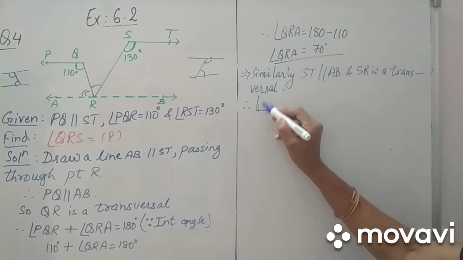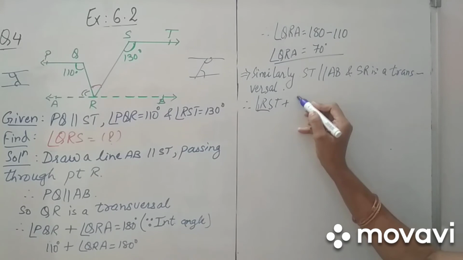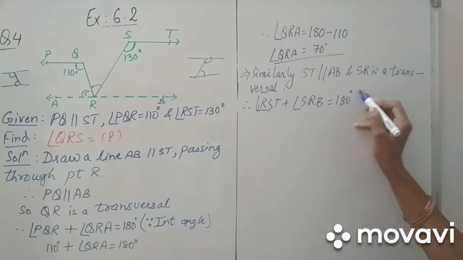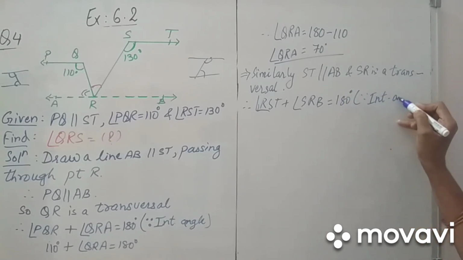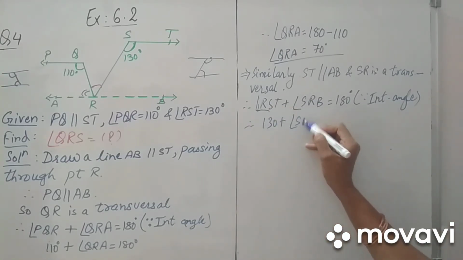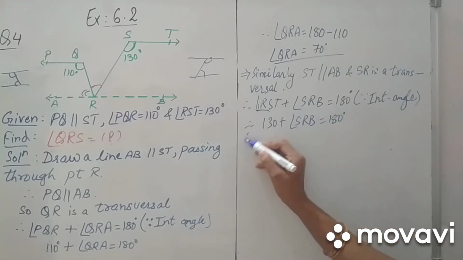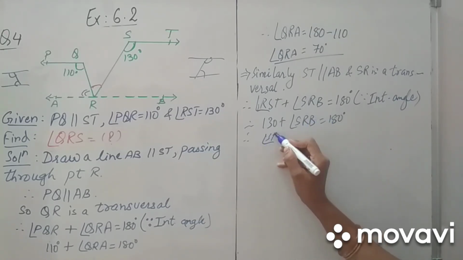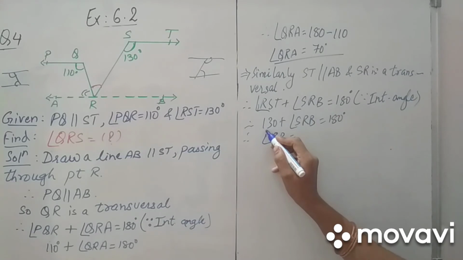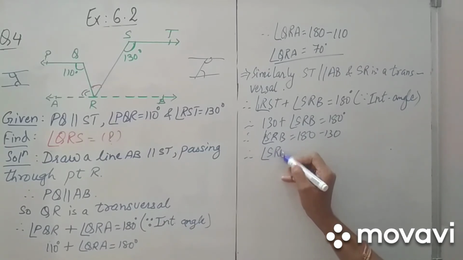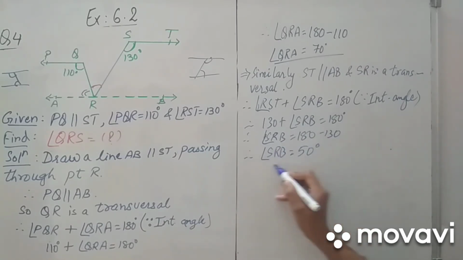Angle RST plus angle SRB is equal to 180 degrees because interior angles. Therefore, RST is 130 degrees plus angle SRB is equal to 180. Simplify, taking 130 to the right side. So SRB is equal to 180 minus 130. Therefore, angle SRB is equal to 50 degrees. We got this angle also.